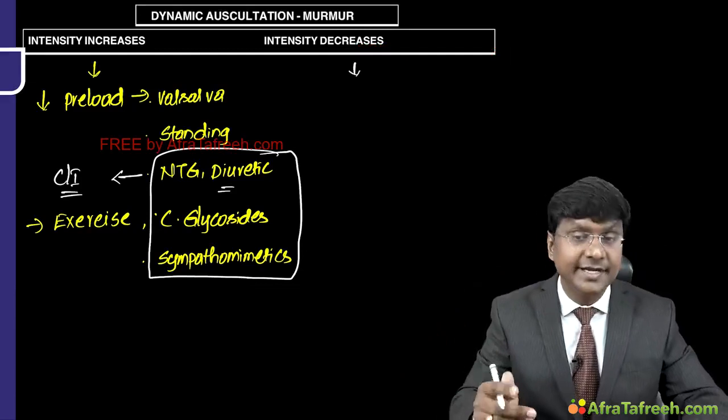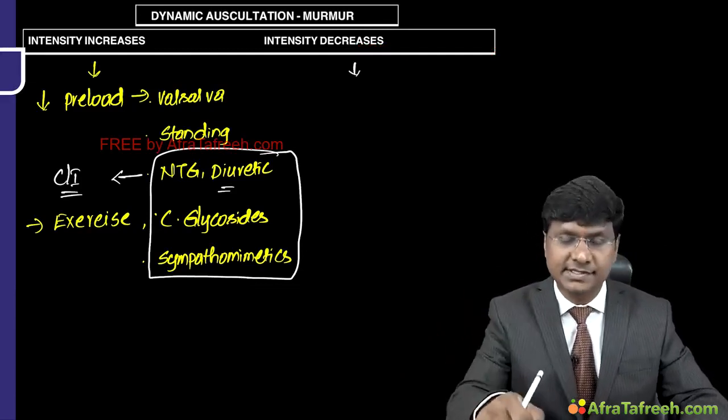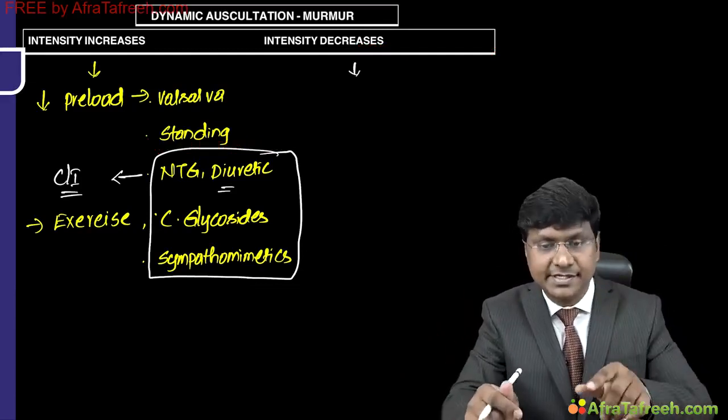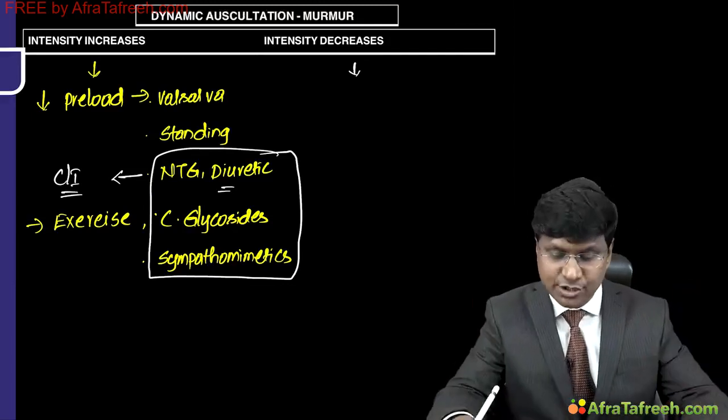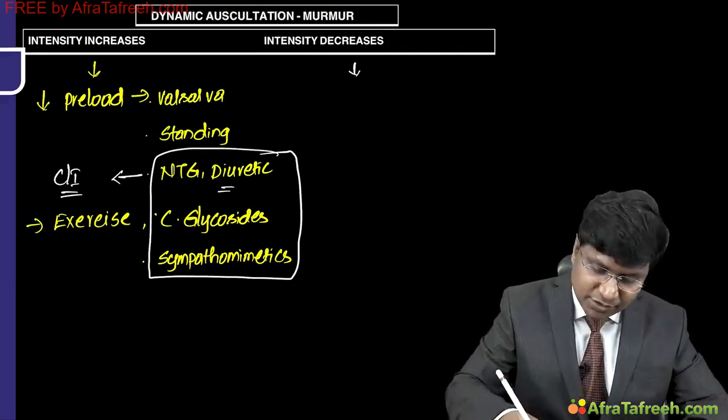Next, you need to know the conditions where the intensity of the murmur decreases. In order for the intensity of the murmur to decrease, the LV volume should increase and the obstruction decreases. So what are those conditions?